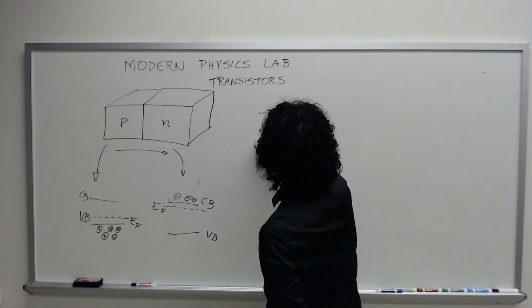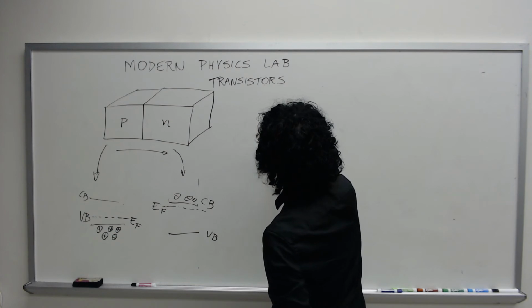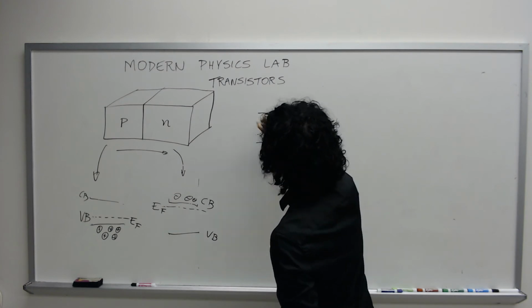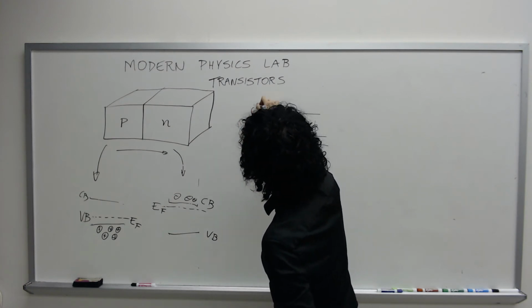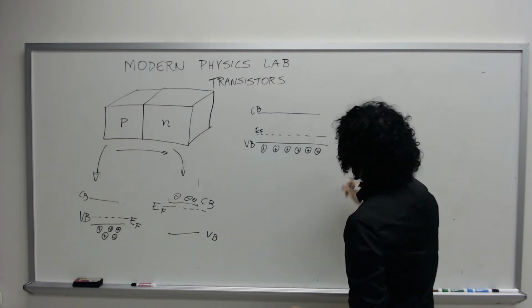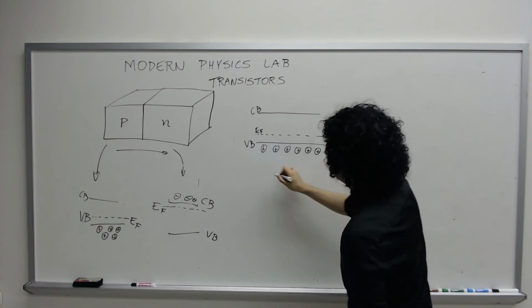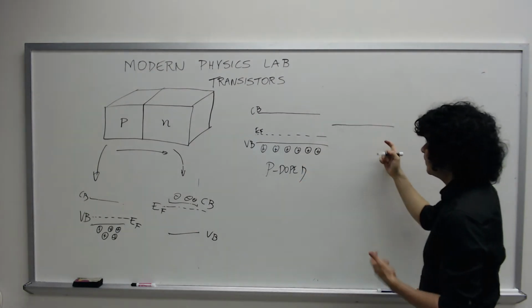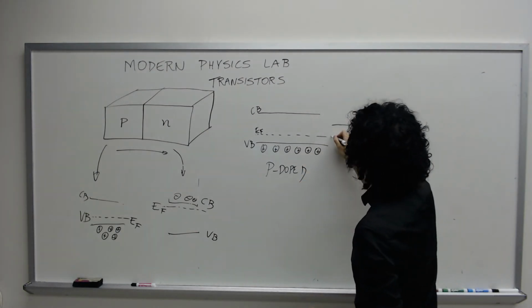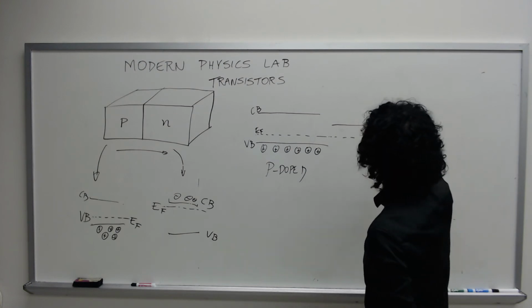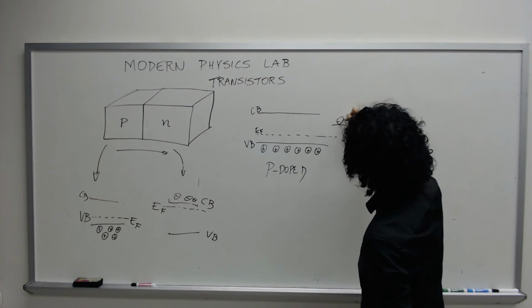So you have a p-doped semiconductor, VB, CB, and EF. And the N-doped will have, of course, the same Fermi level. And it has electrons.